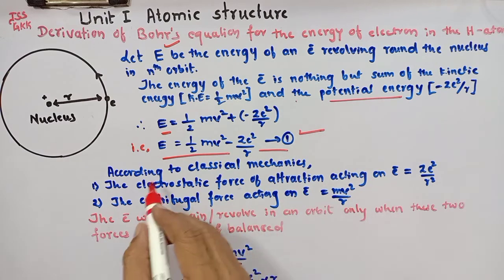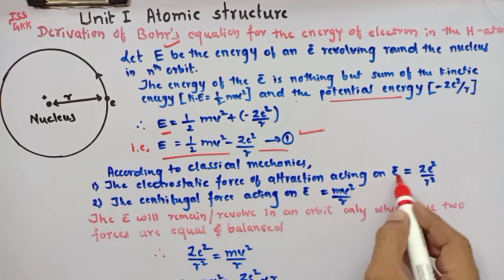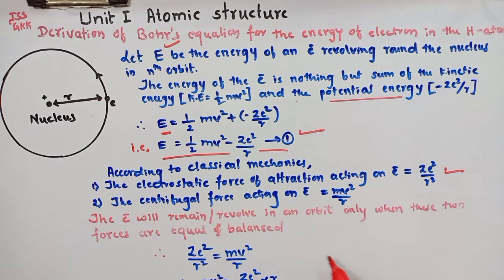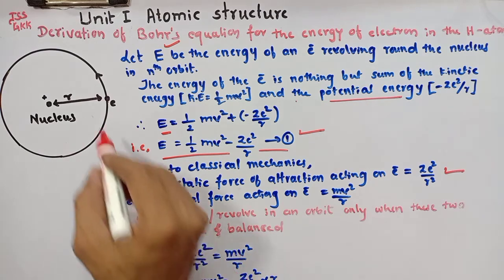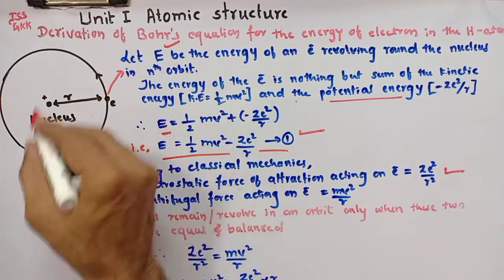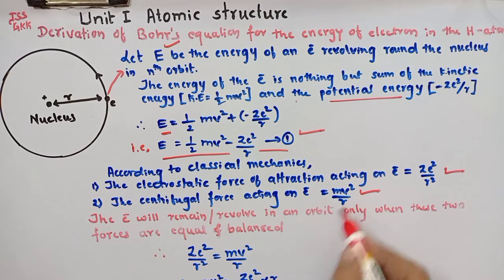Now, according to classical mechanics, the electrostatic force of attraction acting on this electron is equal to Ze square divided by r square, and the centrifugal force which arises due to the circular motion of the electron around the nucleus is equal to mv square divided by r.